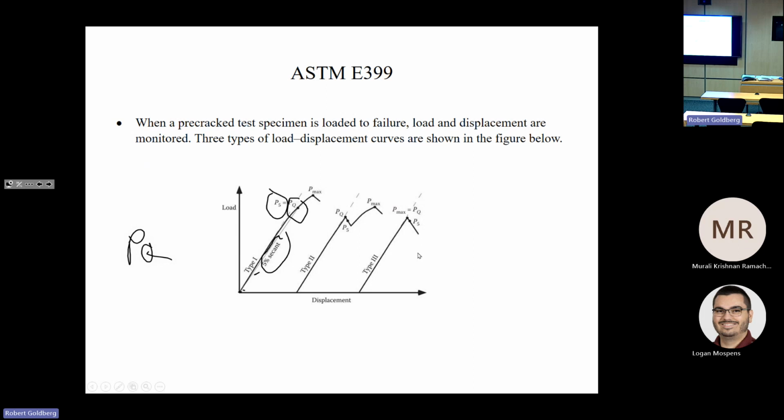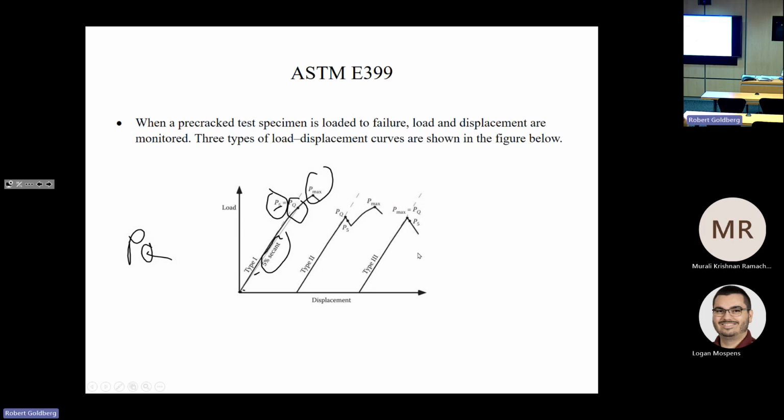And for this case here, where you have a nice continually increasing load curve with just a little bit of non-linearity in here, where your 5% secant line intersects your load displacement curve, similar to the 2% offset stress for determining the yield stress, that is determined to be your critical load in terms of the stress intensity, which is a little bit before you reach your maximum load.